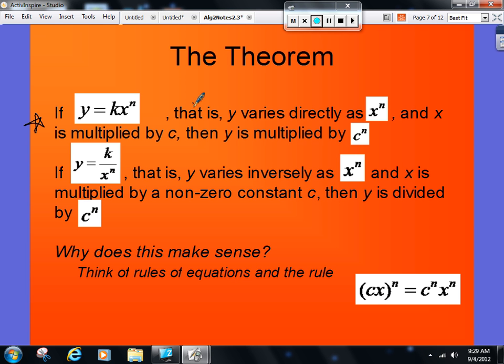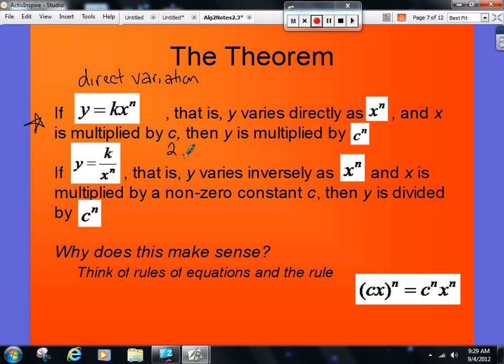If y equals k x to the n, basically they're saying if you have direct variation, what do you guys already know about direct variation? Well, I know that the quantities grow or shrink together. So if one quantity gets bigger, the other quantity is going to get bigger. So what they're saying is if x is multiplied by c, let's say that c is 2.